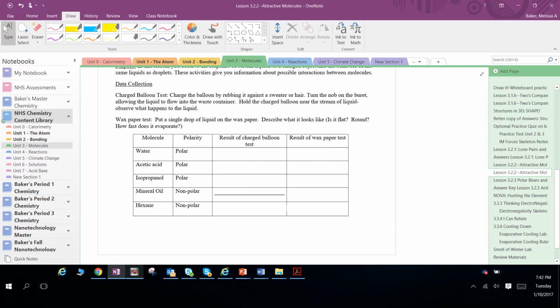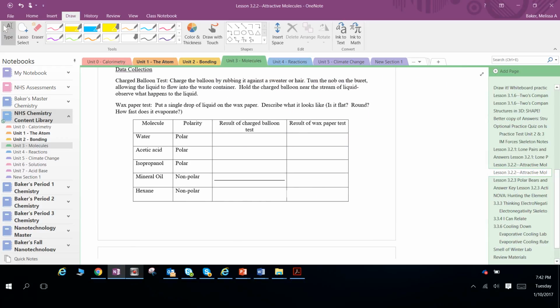So in this lab, we were actually studying a bunch of different liquids. And I'm going to write the formulas out for these because I think it makes it interesting. There's H2O. There's CH3COOH, acetic acid.